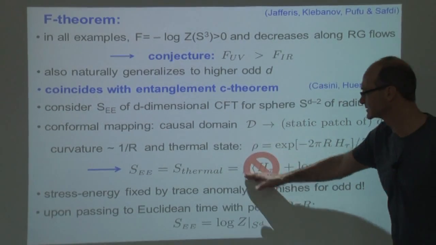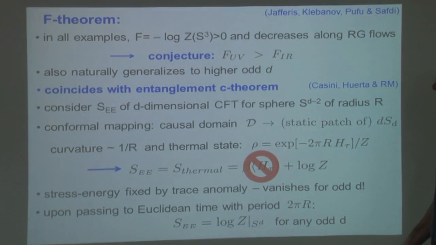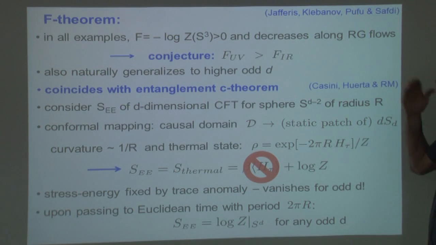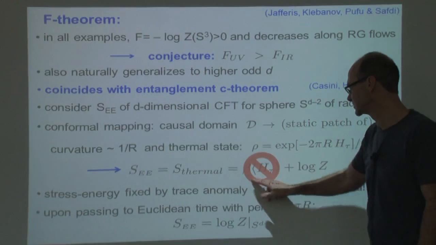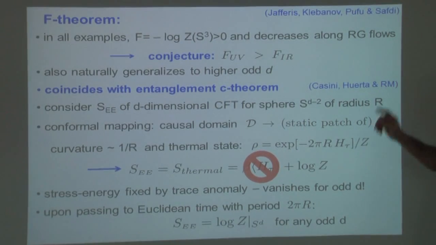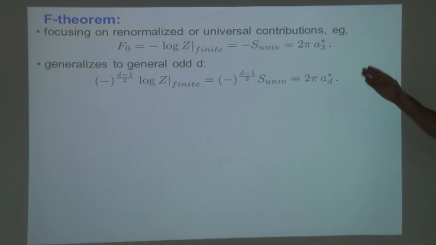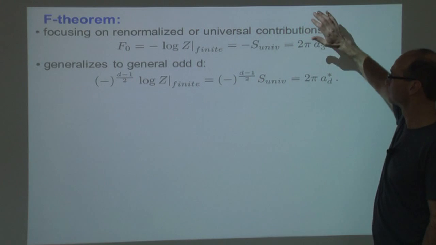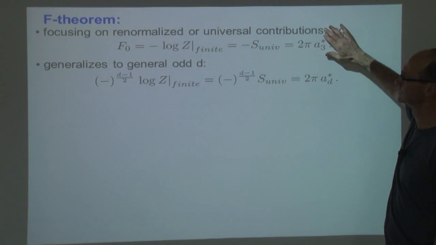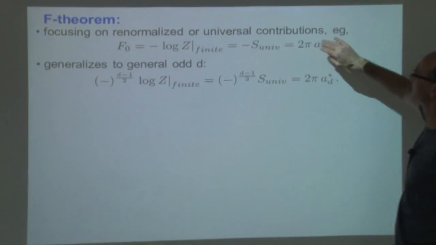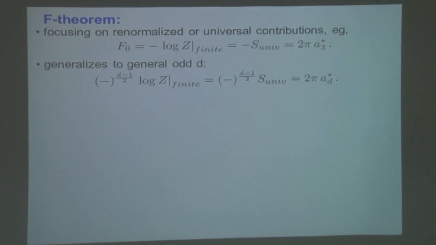But when I said things like this is equal to 0, implicitly I had renormalized the theory and eliminated the divergent contributions when I said I'm focusing my attention on the trace anomaly. So this result is really a result about the finite or the universal contributions in the F and in the entanglement entropy. And again, it's something that applies for any number of odd dimensions.